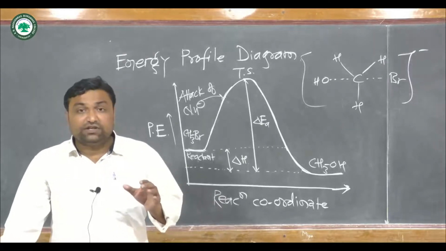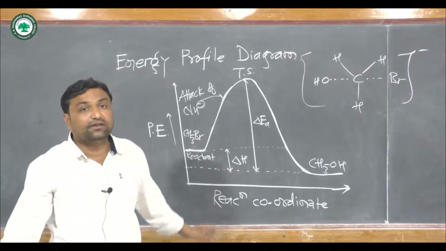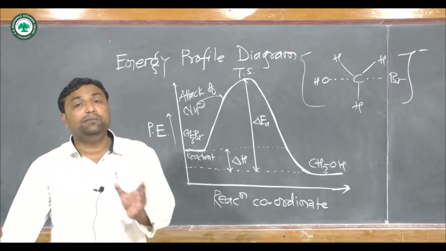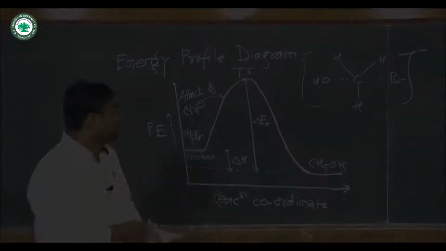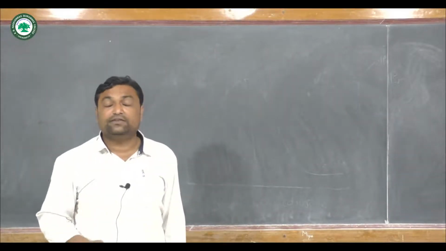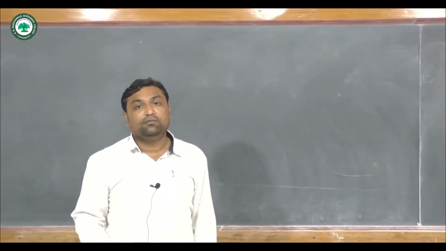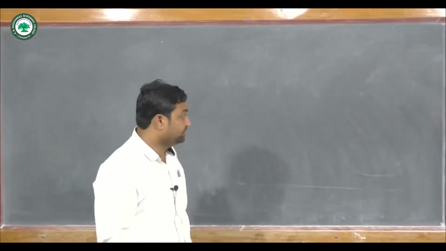Then a question will arise: why in case of SN2 reaction does the nucleophile always attack from the back side of a reactant?